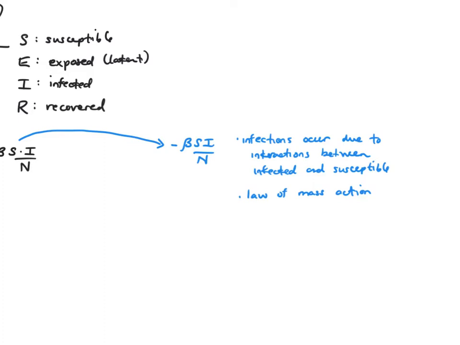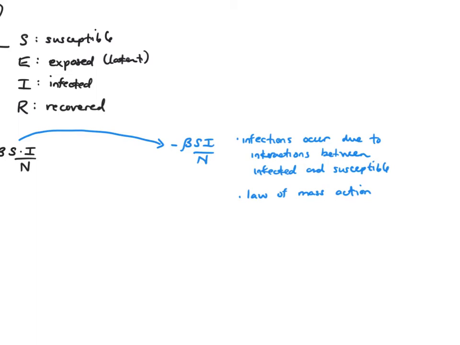So it's a flow out of S. And it's also used to model chemical reactions where the S and the I will be the concentration of the reactants in the chemical reaction, for instance. So if you have a lot of S and a lot of I, then you have a fast rate. And if you have a very small amount of S or a very small amount of I, you have a very slow rate. That makes sense.